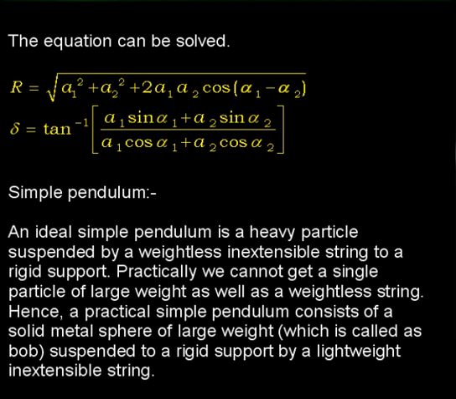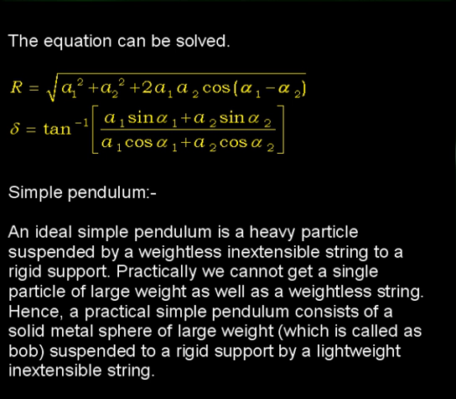The equation can be solved for R and delta, and you can get the formulae for resultant displacement R as under root A1 square plus A2 square plus 2 A1 A2 cos(alpha 1 minus alpha 2) and delta as tan inverse of (A1 sin alpha 1 plus A2 sin alpha 2) divided by (A1 cos alpha 1 plus A2 cos alpha 2).